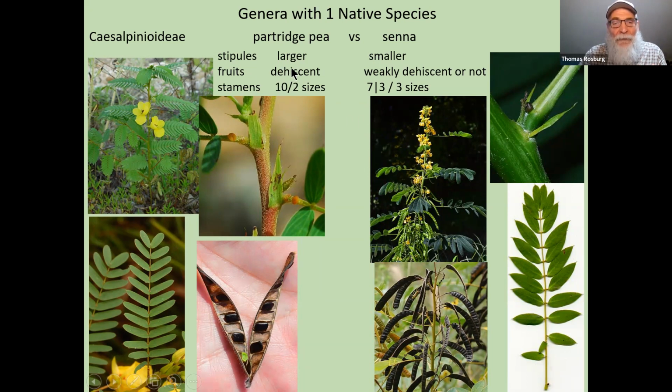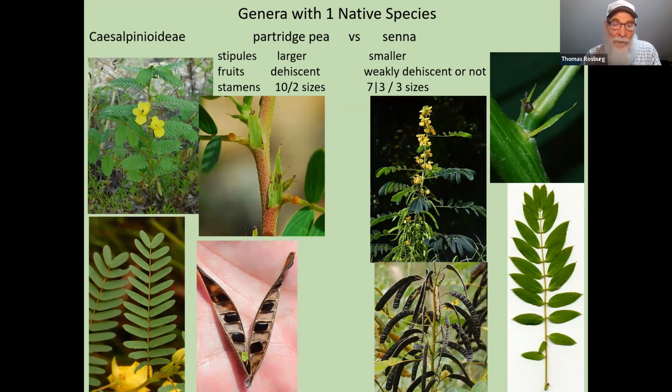But what I have listed here is the stipules. That's these things right here. What a stipule is, they occur as pairs. So two little leaf-like structures. We call them bracts. A bract is a term that means something that comes from a leaf. It's a modified leaf, but it's very, very small.